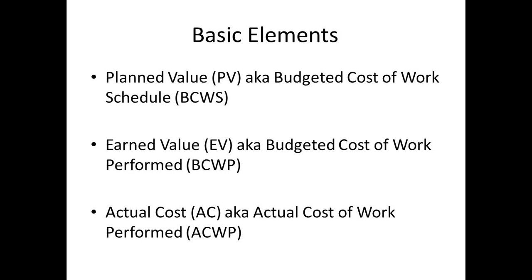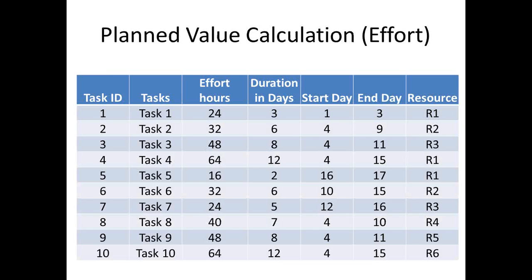The second one is the earned value, which is also known as the budgeted cost of work performed. So how much work you've done so far, and the budgeted cost of that. And then the actual cost is what you actually spent on the project. That cannot change because you've already spent that much going forward. So those are the three basic elements of any earned value system.